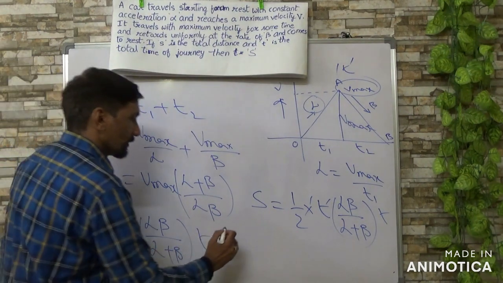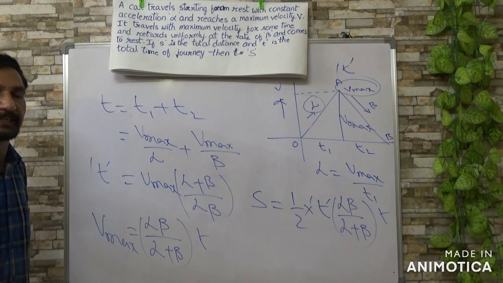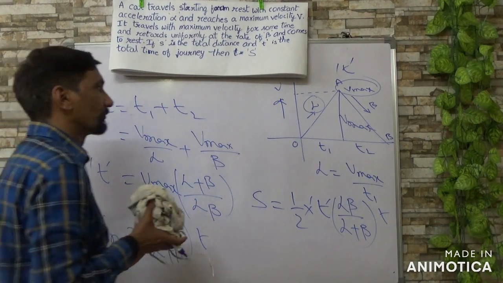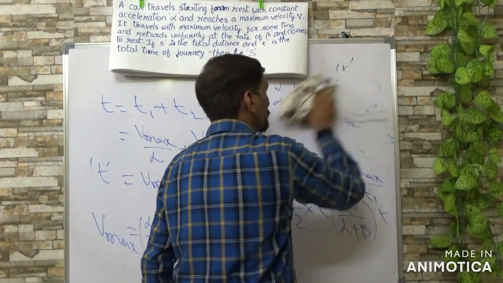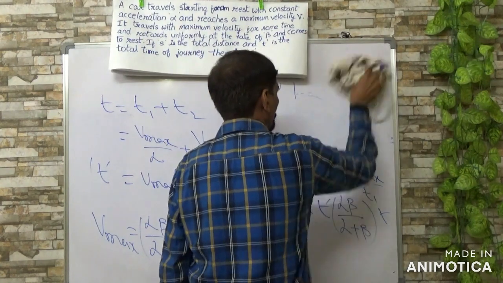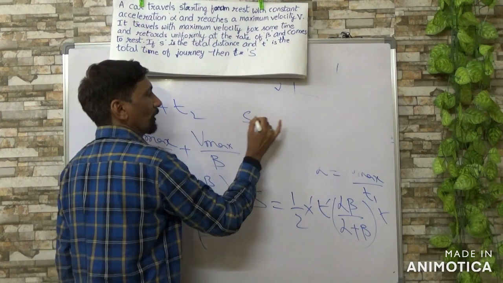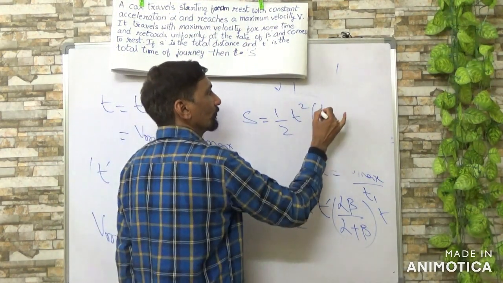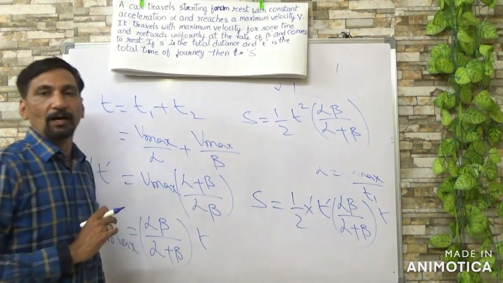So total distance traveled by the body, you get S is equal to half, t square of alpha beta by alpha plus beta.